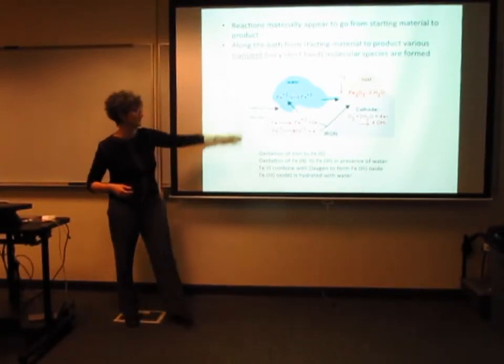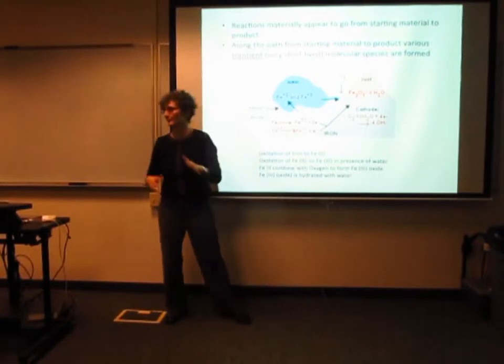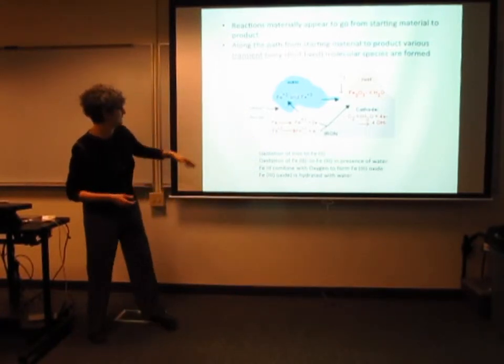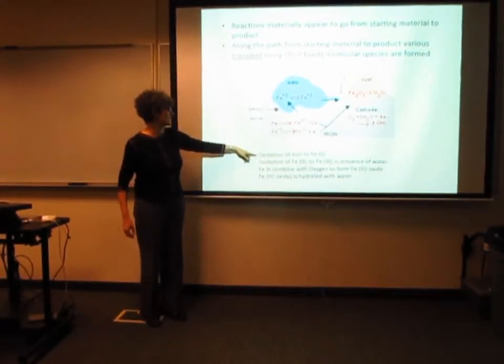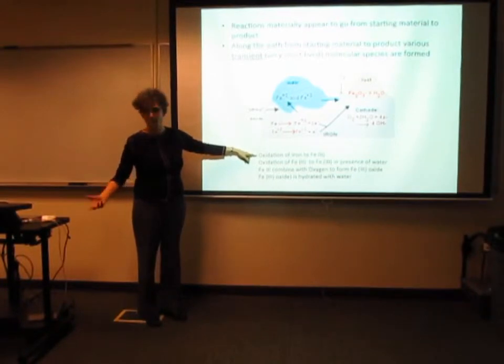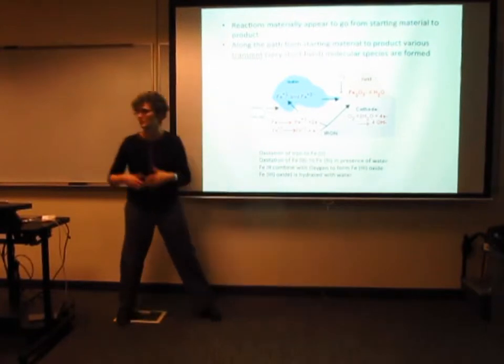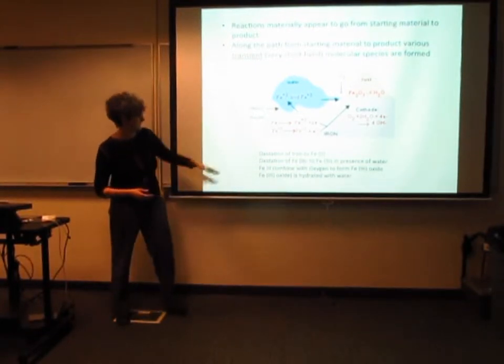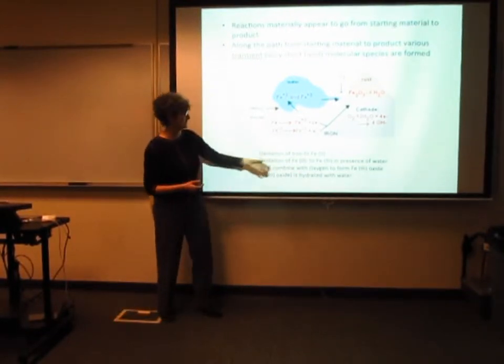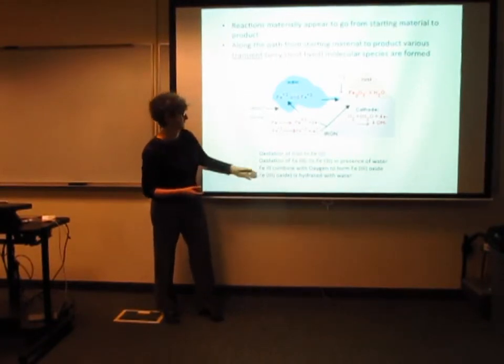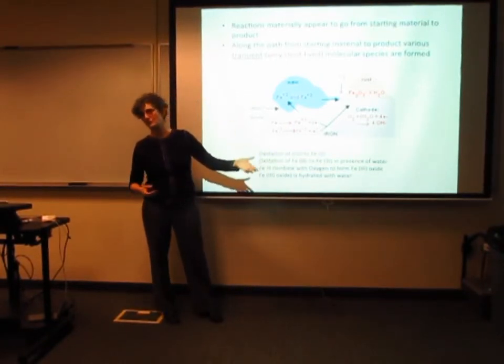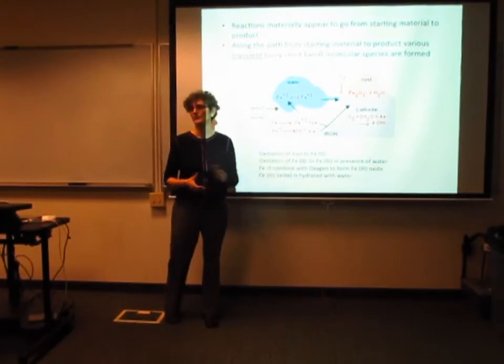So this is just a cartoon of what happens when things rust. In this process, you get oxidation of iron to an iron plus 2 species, and then oxidation of that to an iron plus 3 species, and then it combines with oxygen, then it forms iron oxide, and it then gets hydrated with water.